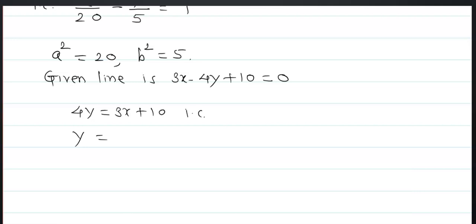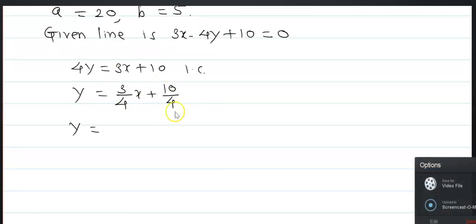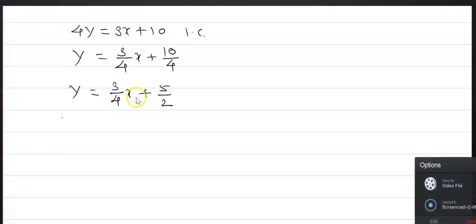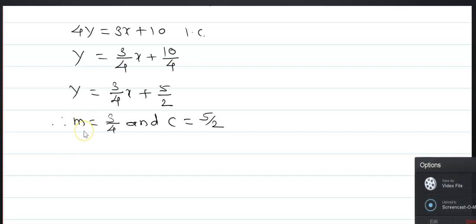That is 4y is equal to 3x plus 10. Divide on both sides by 4. Then you will get y is equal to 3 by 4 x plus 10 upon 4, that is y is equal to 3 by 4 x plus 5 by 2. That is m is equal to 3 by 4 and c is equal to 5 by 2.